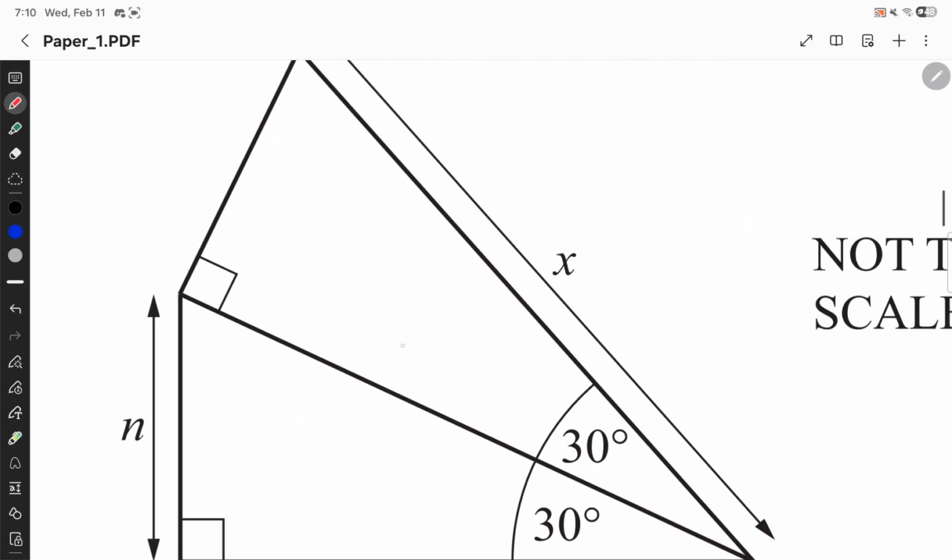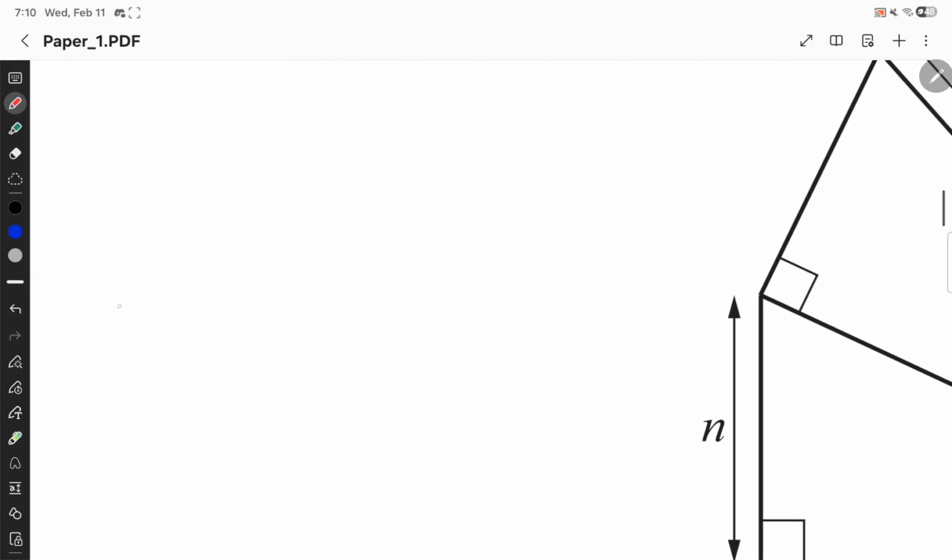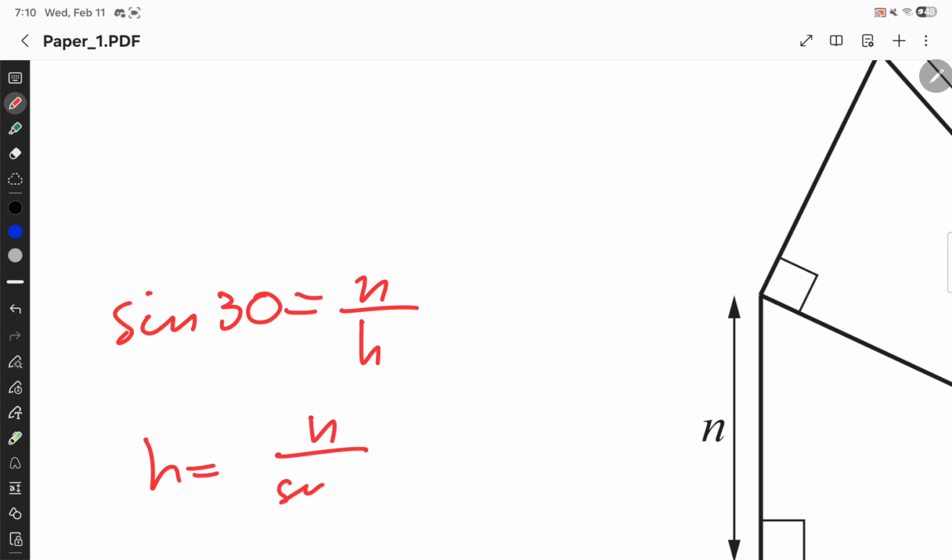Okay, let's call this length h, and we know that sine of 30 is equal to opposite over hypotenuse, and if we solve for hypotenuse, that is n over sine of 30. And if you guys don't know, sine is opposite over hypotenuse.